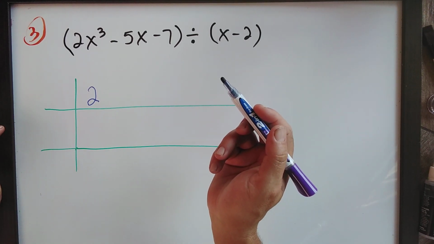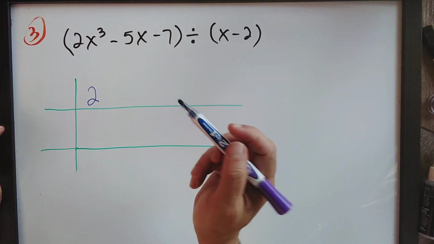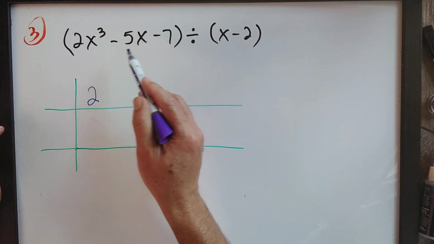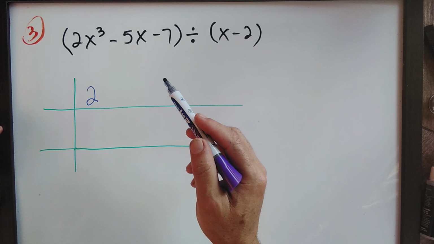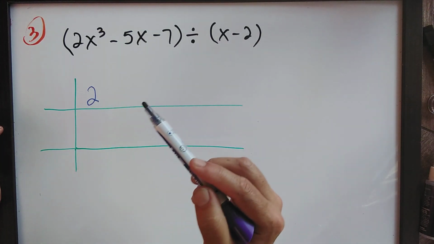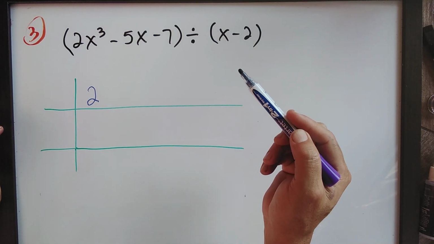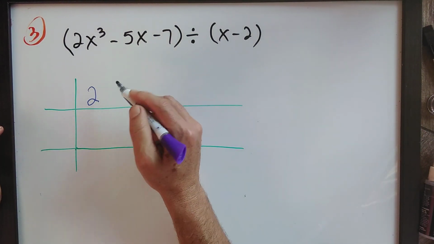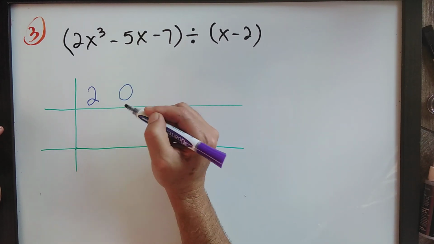I cannot be missing any terms from the highest to the lowest to the independent number. It has to be x to the third, x squared, x, and then the independent number. So I notice I'm missing the x squared, so I'm going to use a 0 for that.